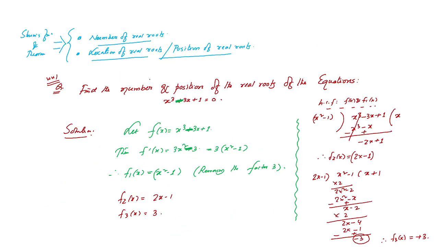In the question, there are 2 parts: the number of roots, or nature of real roots, and the second one is the position of the real roots. That is the second part of the problem. So we will determine the position of the real roots, or you can say the location of real roots.